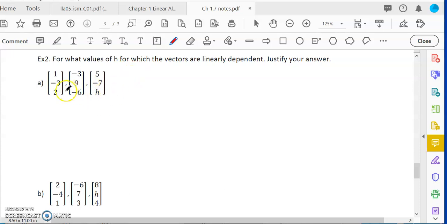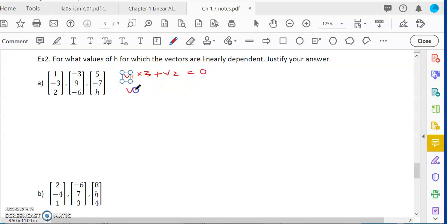Look at V1 and V2. If I multiply V1 by 3, that's exactly the opposite of V2, and 3V1 plus V2 is already equal to 0.